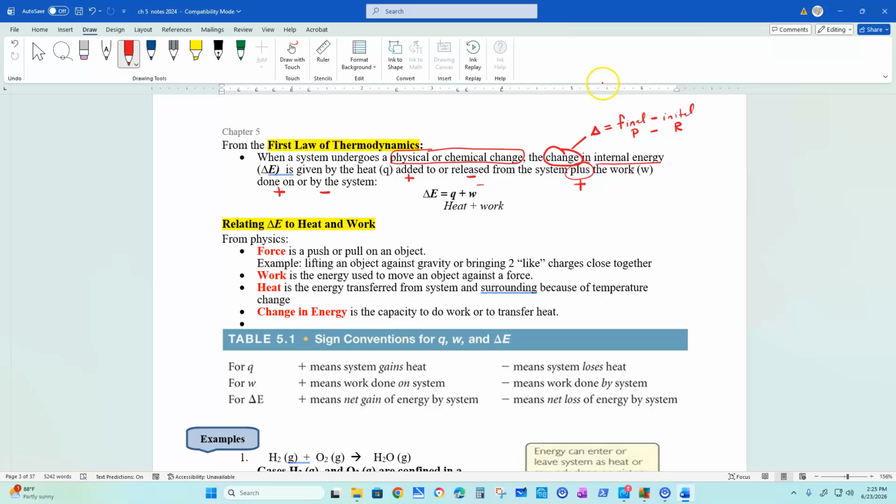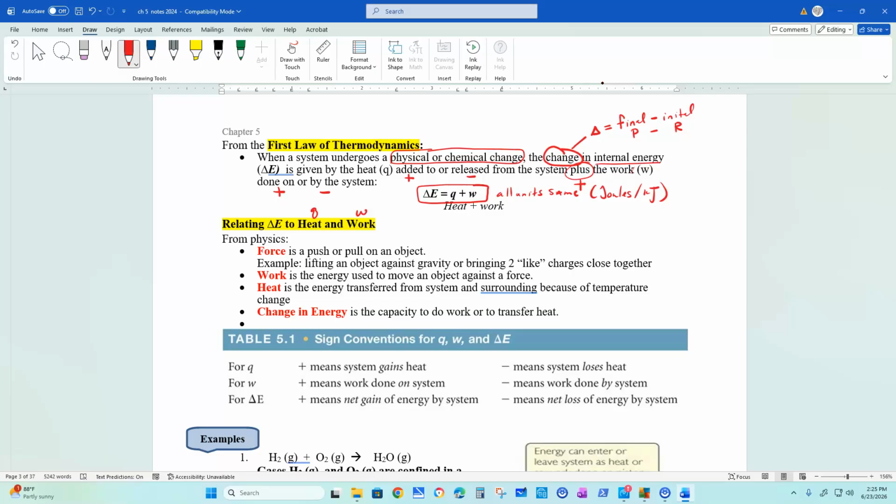So we have a very simple equation, delta E equals Q plus W, and for Q plus W, all units have to be the same because you're adding numbers together. We like to use joules, but you can also use kilojoules, just as long as they're joules of some sort, okay?